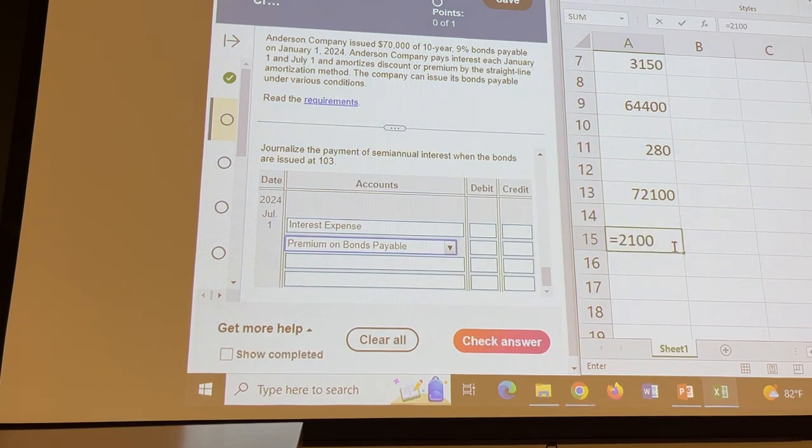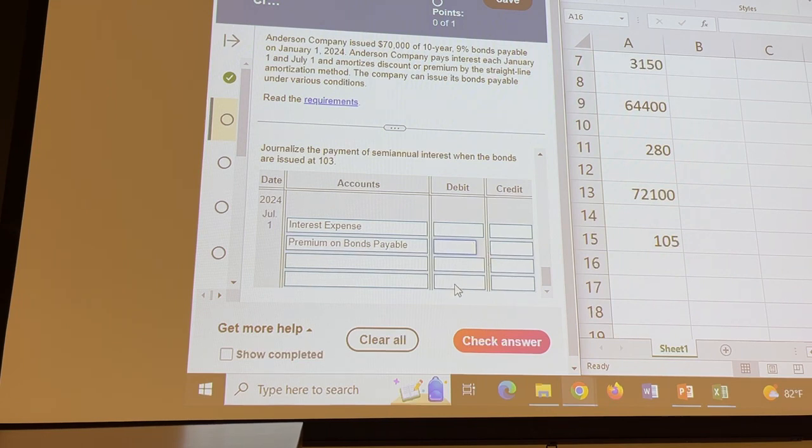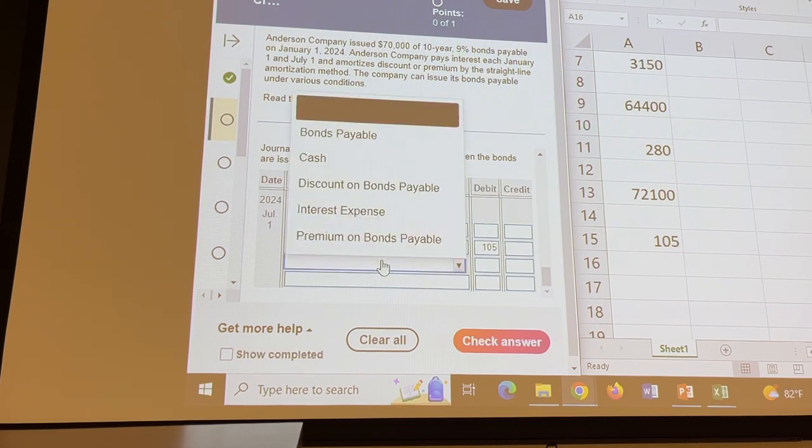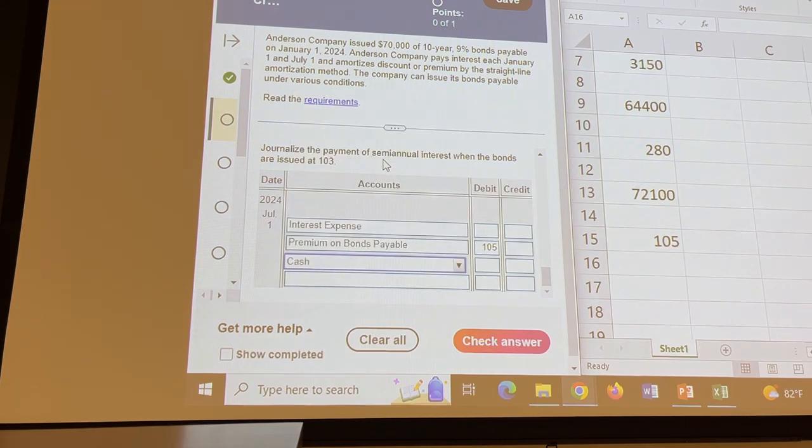And so we divide that by 20 6-month payment periods. And so that's gonna be $105 that we amortize in each payment period. So we can fill in there a debit of $105 for the premium on bonds payable. And then for the cash that we pay out in interest, that's a credit.